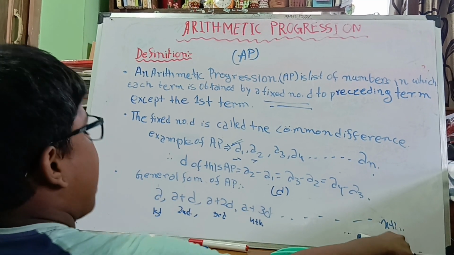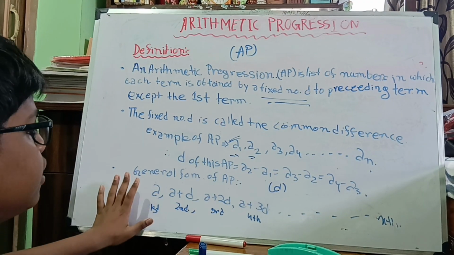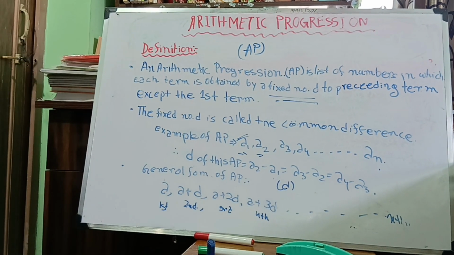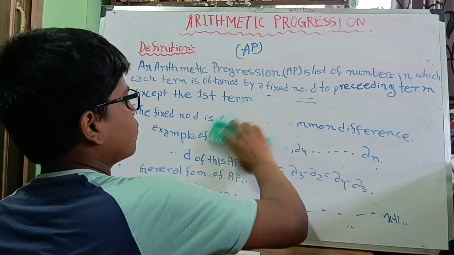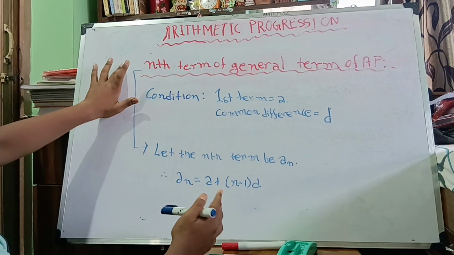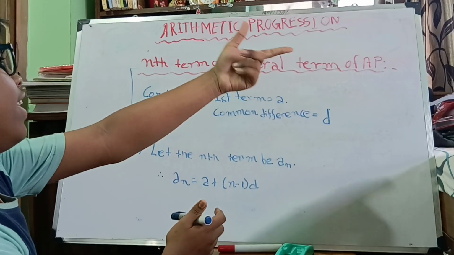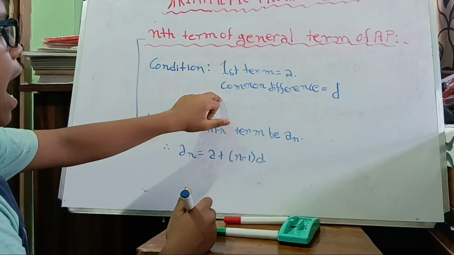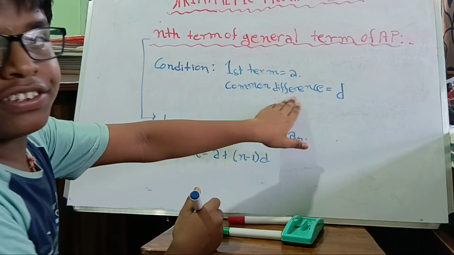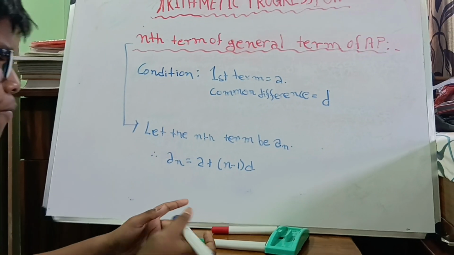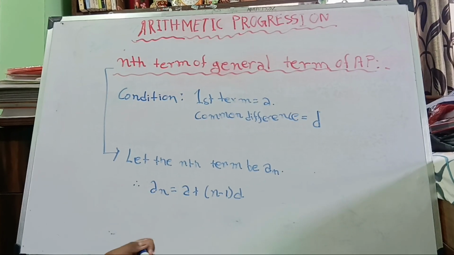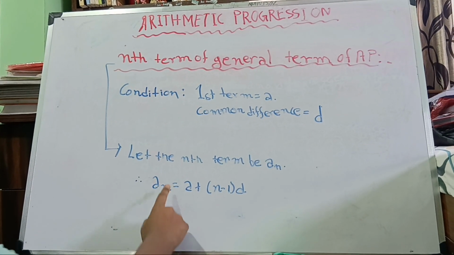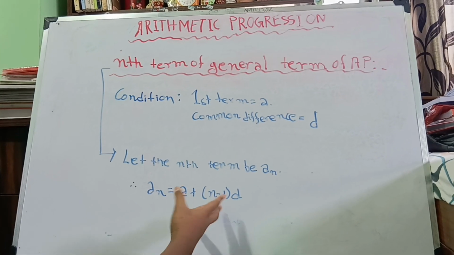Now we have to find the nth term of the general form of AP. The first term is a and the common difference is d. To find the last term, an is equal to a plus n minus 1 times d.